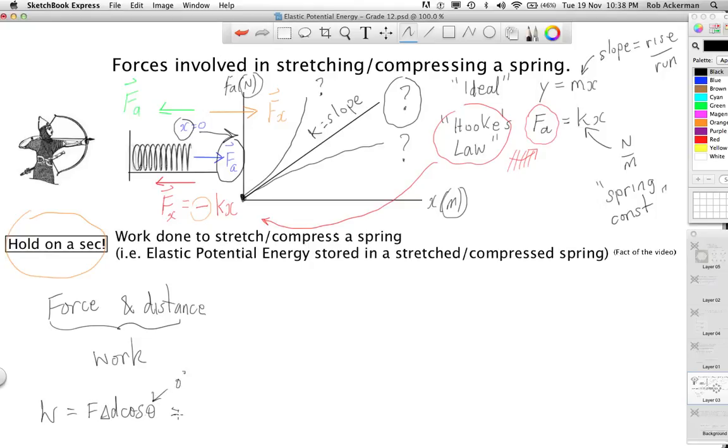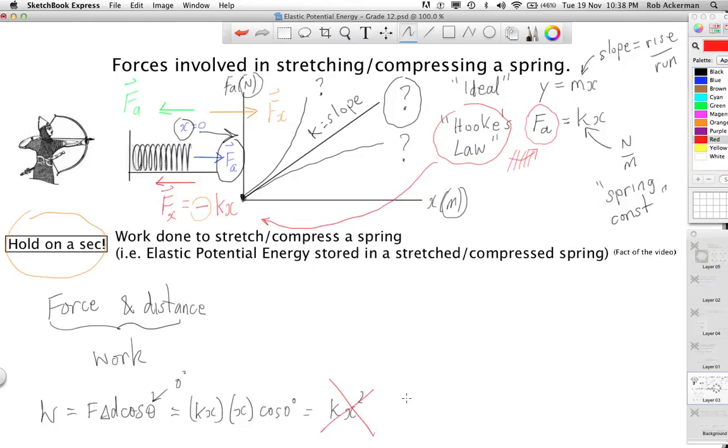The force we just learned is kx. The distance that you stretch it is x. Cosine 0 because it's stretching in the direction that you're pulling. What do you get? kx squared, right? Yeah, it's right. But the formula does not give you the work.